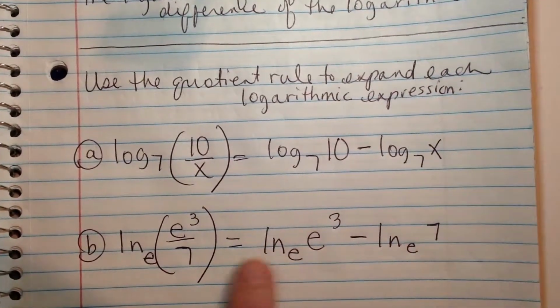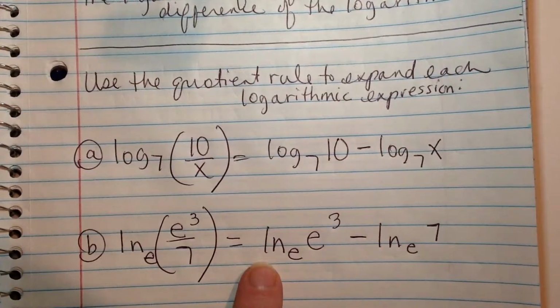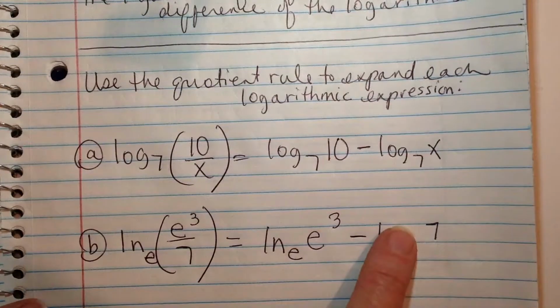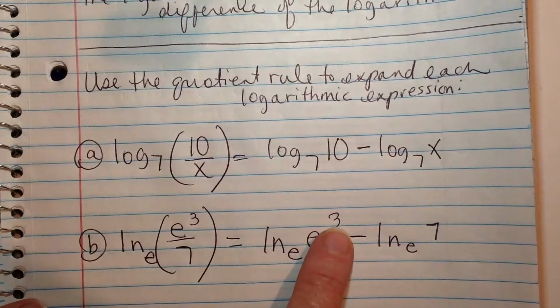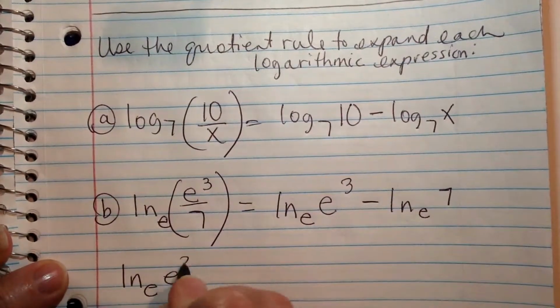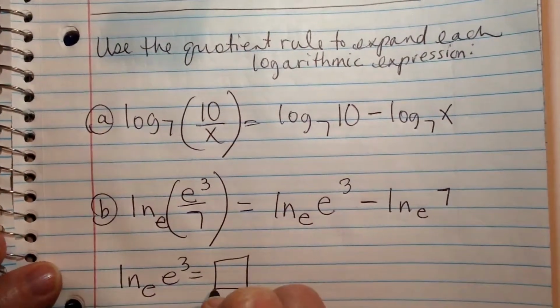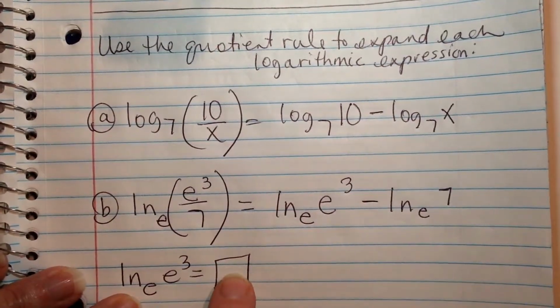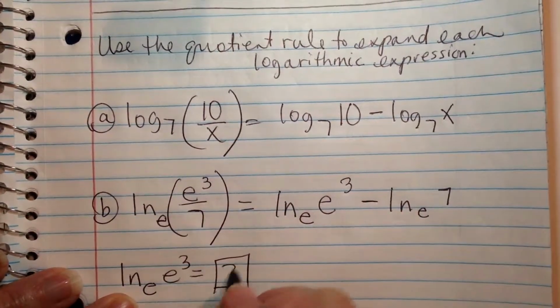Now, can we evaluate either one of these? In other words, is e raised to some power that would give me e cubed? ln e to the third equals what? Think about what we just looked at in the last video. e raised to what power gives you e to the third? Well, wouldn't it be 3?